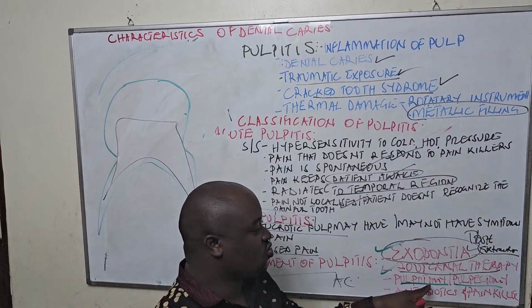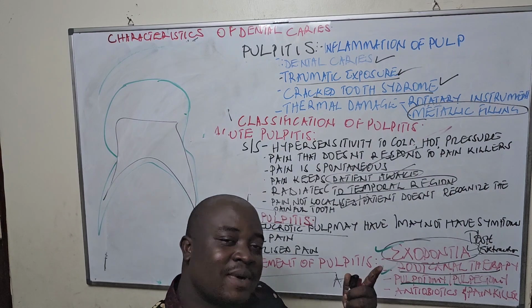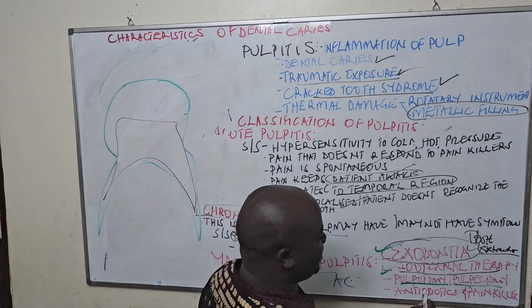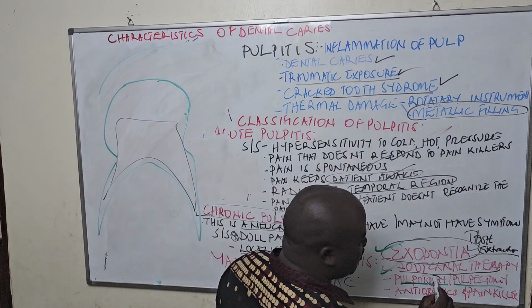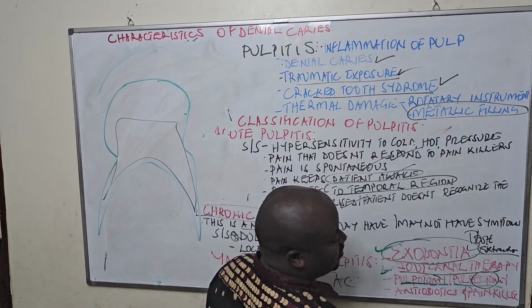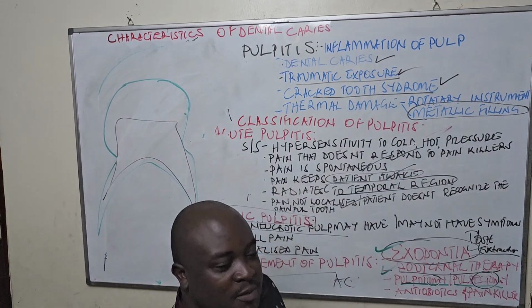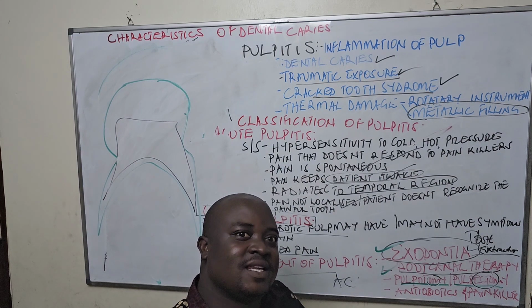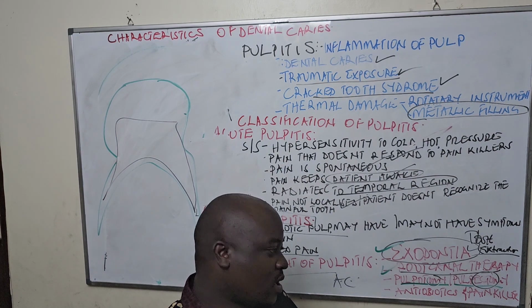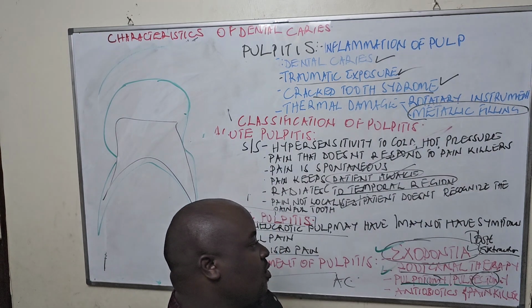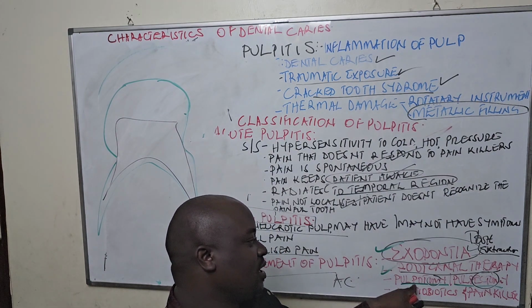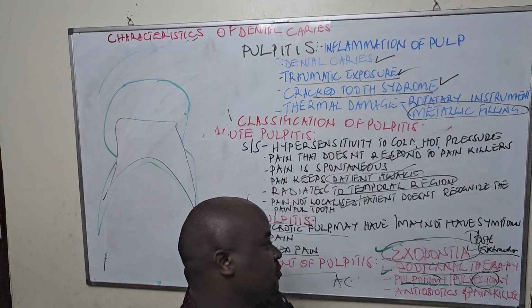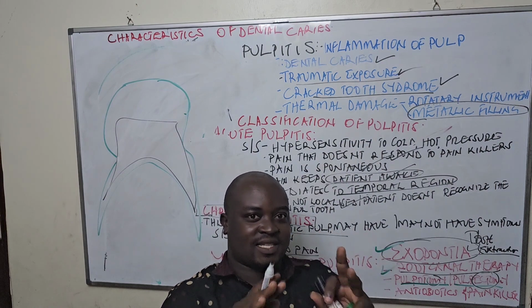So once we do root canal treatment of primary teeth, it can either be in terms of pulpotomy or pulpectomy. So the moment you talk about treatment of pulpitis in primary dentition, we can talk about it in terms of pulpotomy and pulpectomy. Maybe we can give it as simple as that.